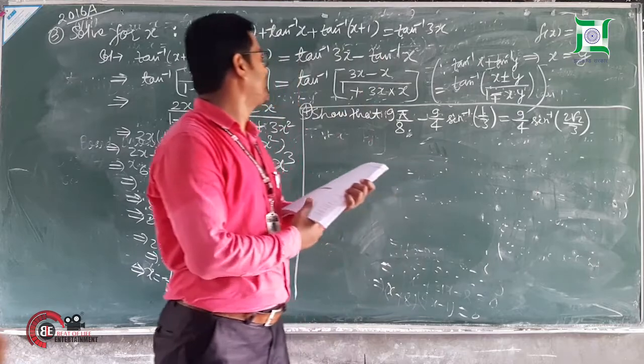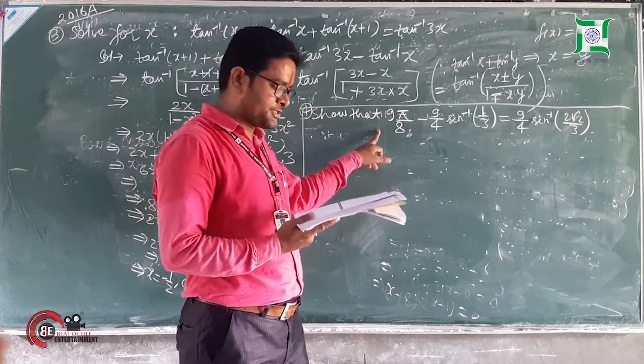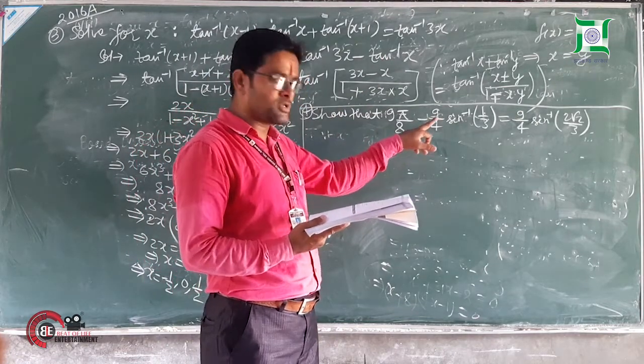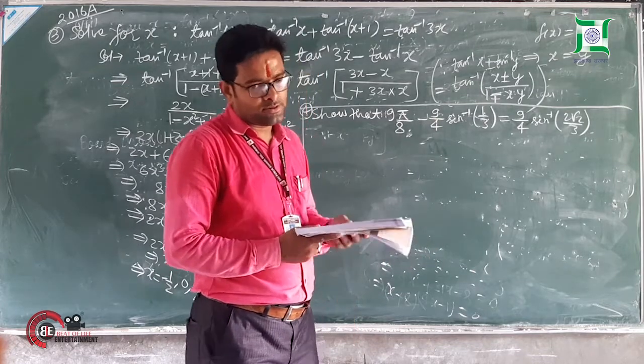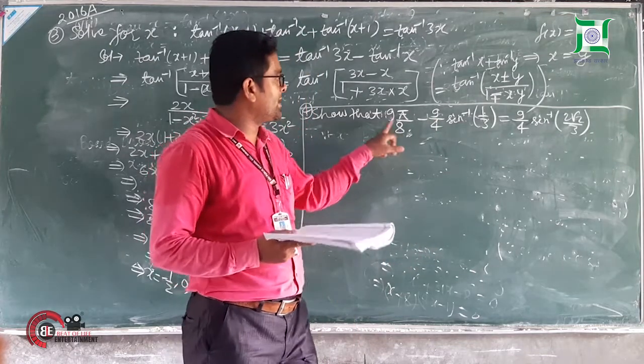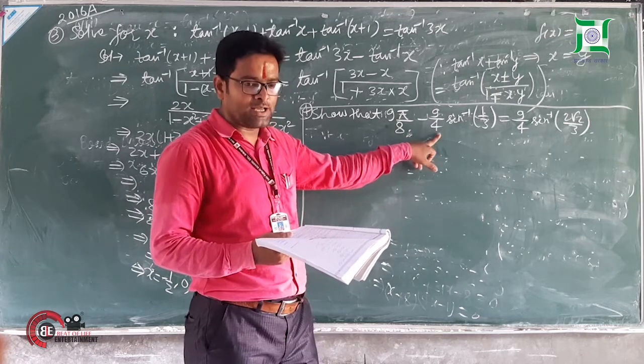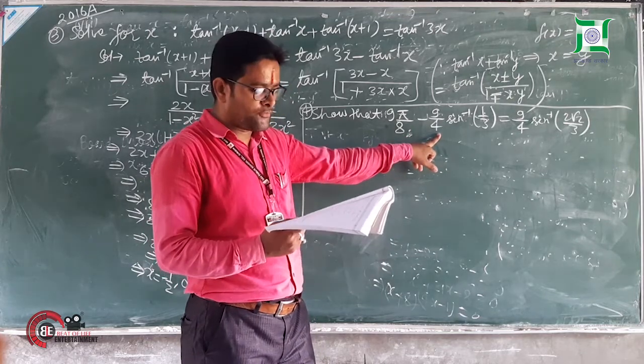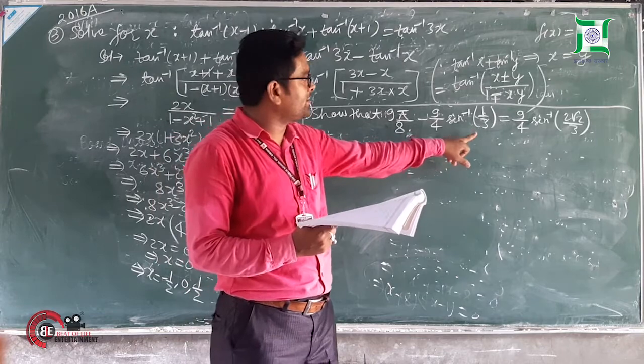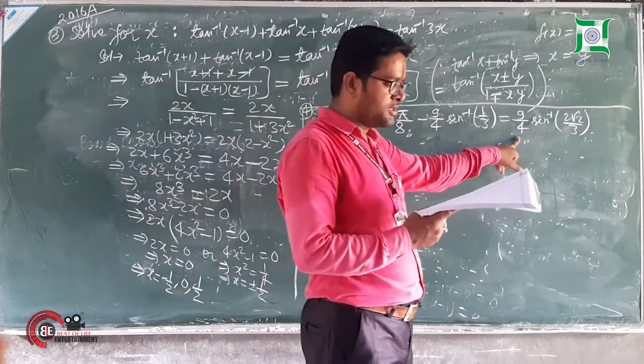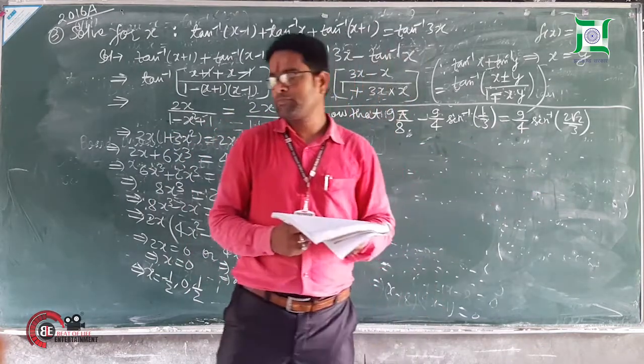Just see everyone: 9 pi by 8 minus 9 by 4 sine inverse 1 by 3 is equal to 9 by 4 sine inverse 2 root 2 by 3.